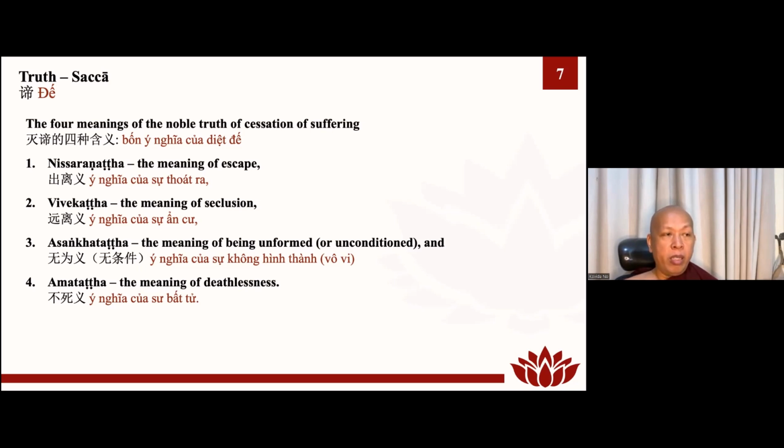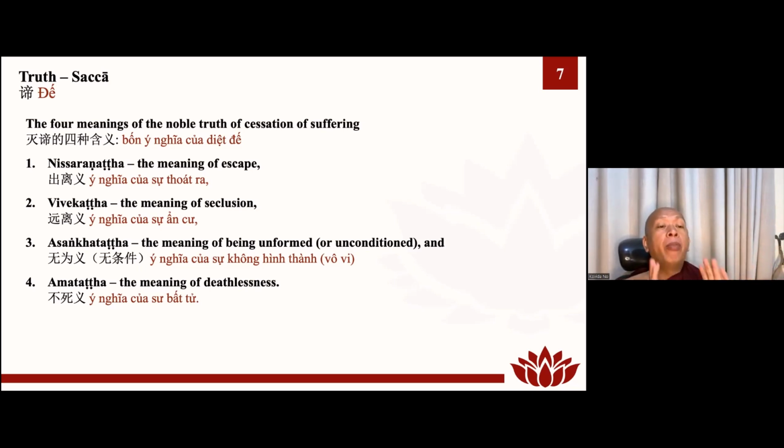Another one is Vivekata, the meaning of seclusion. You know, sometimes people also say sunyata. Sunyata means emptiness. We can say it is like Vivekata. Viveka is also sometimes similar to sunyata. Anyway, when we say Viveka, we have to remember path and fruition knowledge is also called Viveka.